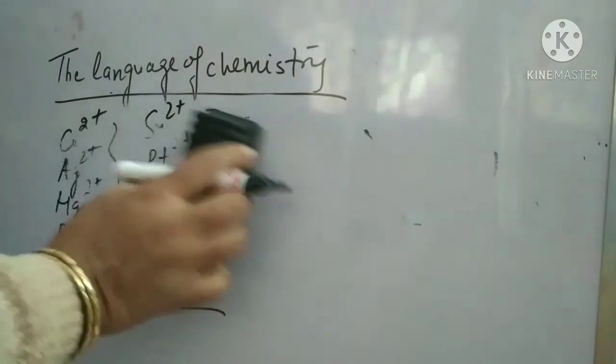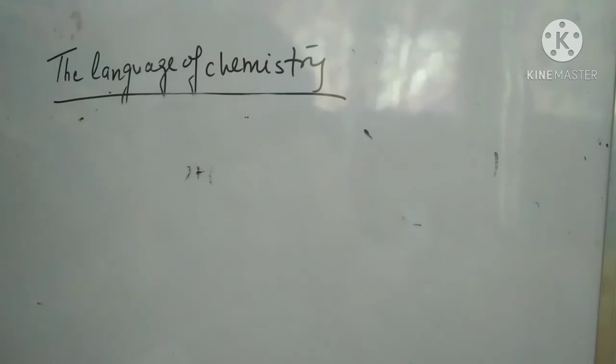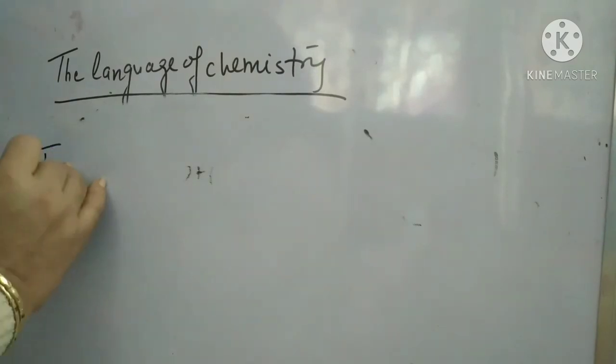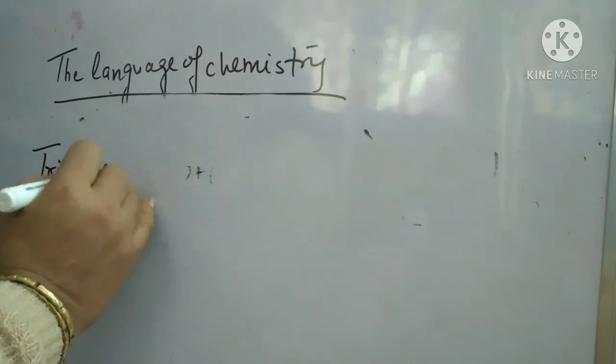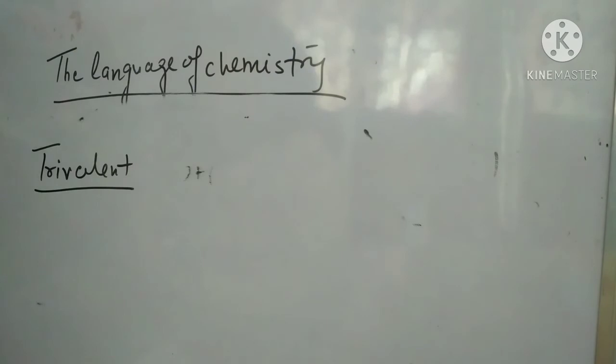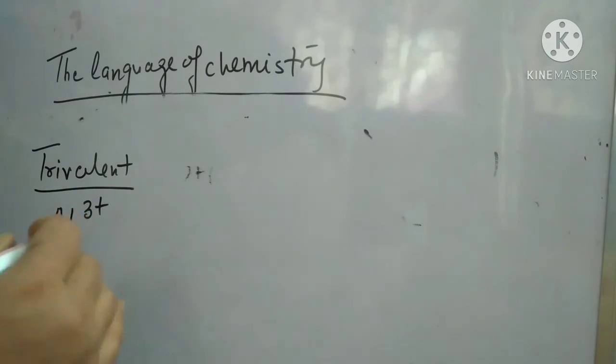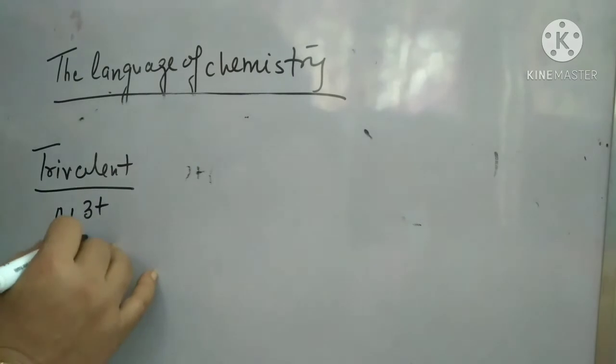Now coming to trivalent elements. The elements which possess 3 valency are known as trivalent elements. In this we have aluminium Al3+, then chromium Cr3+.